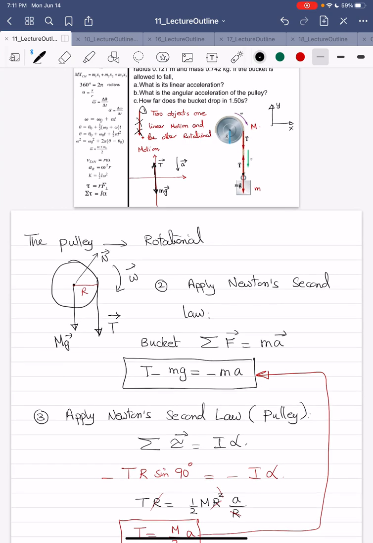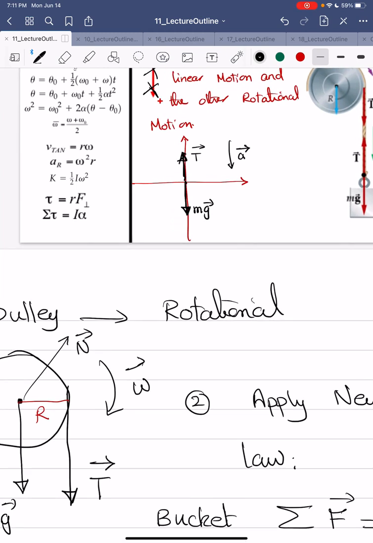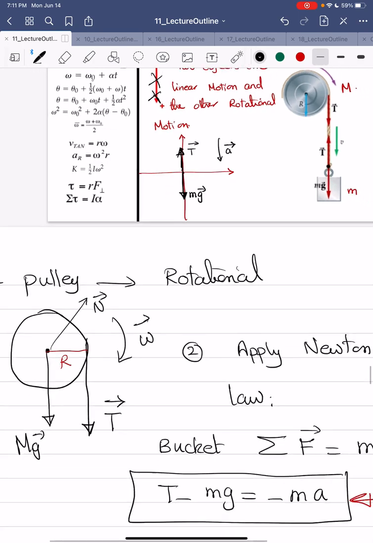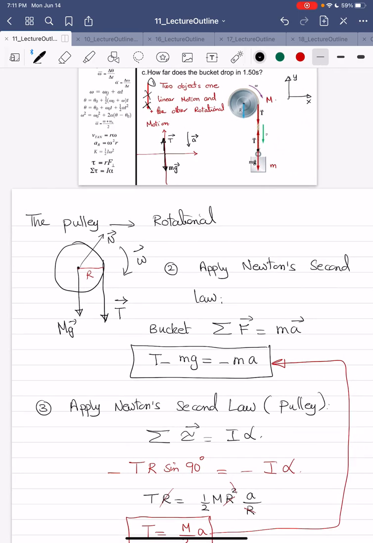Again here, I have two objects, one linear motion and the other rotational. I did draw here the free body diagram for the translational motion, and my acceleration is downward for this one because it's gonna fall. The pulley is my rotational object. I did put here normal and mg because I know that these forces are there, but their torque is 0.